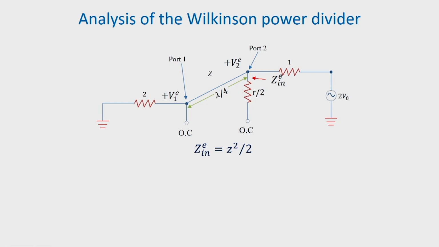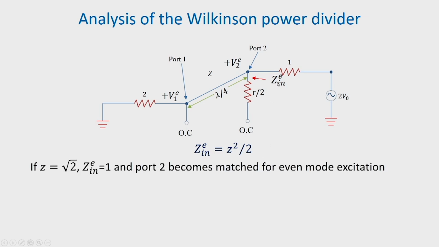The impedance at this point will be this normalized 2 ohm resistance being transformed by this quarter wave transformer having characteristic impedance Z, and therefore, we can write Zin^E into 2 is equal to Z square, or Zin^E is equal to Z square by 2.